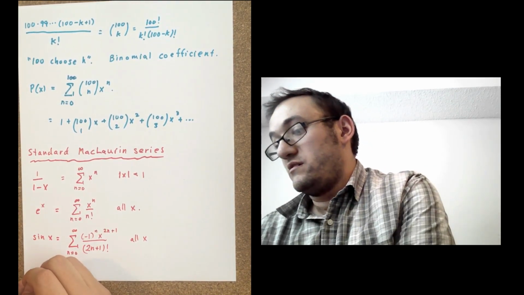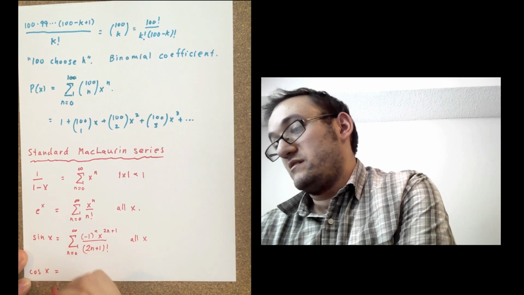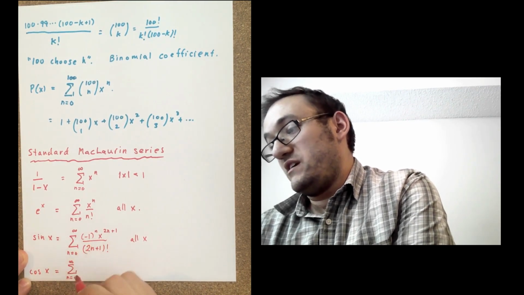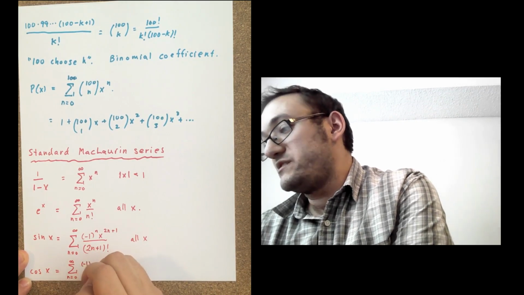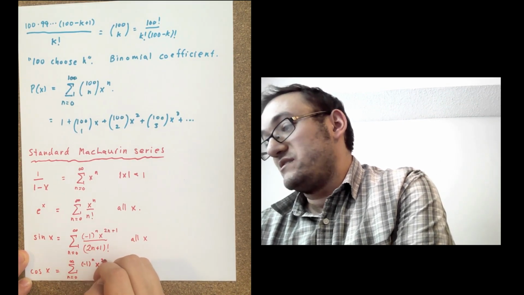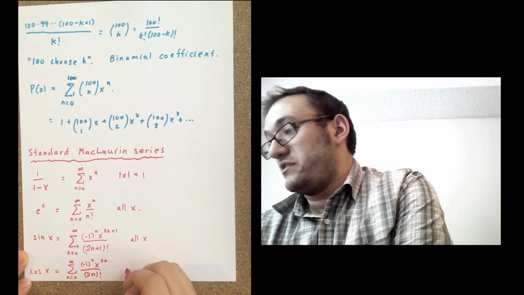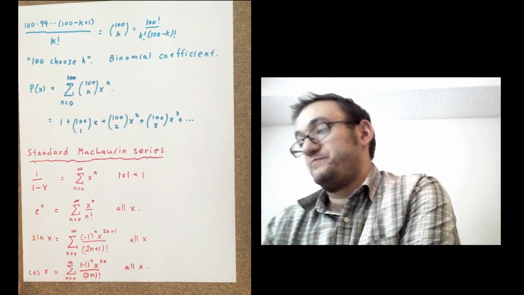Similarly, cosine x is going to be the sum from n equals 0 to infinity, minus 1 to the n, x to the 2n, divided by 2n factorial. This is for all x.